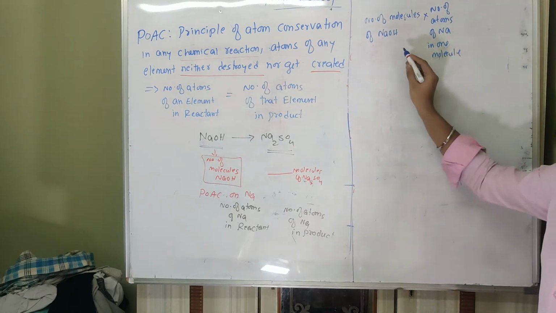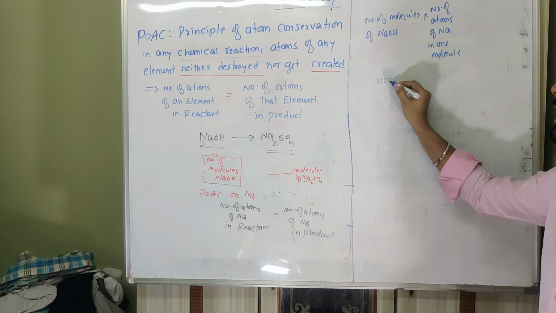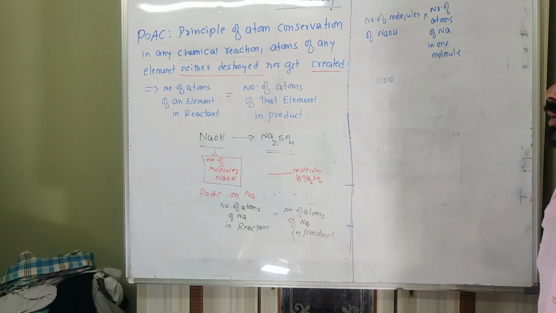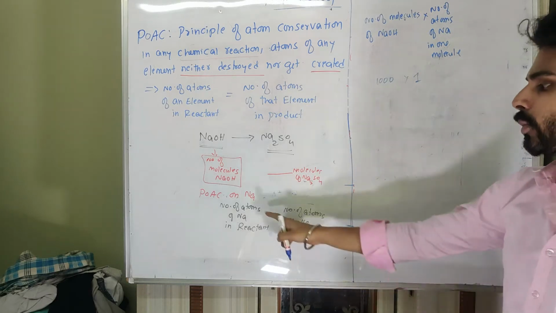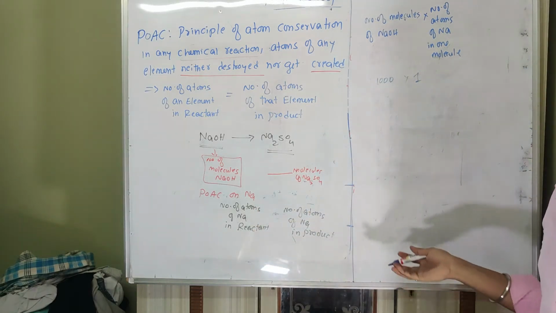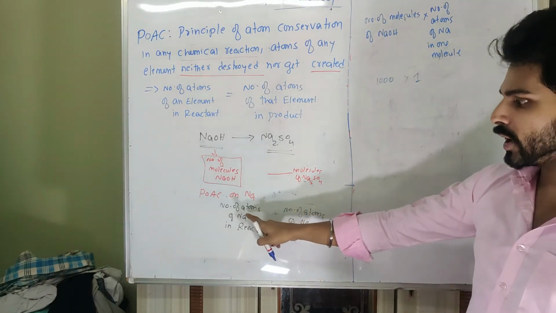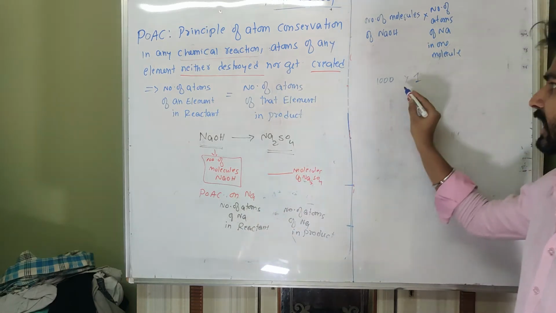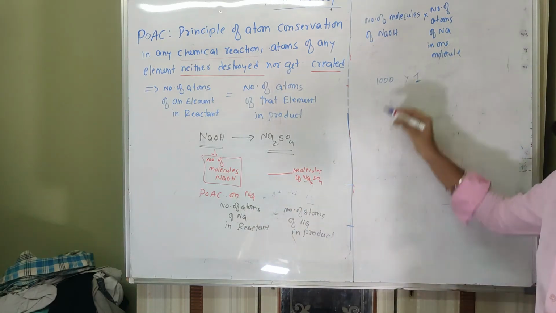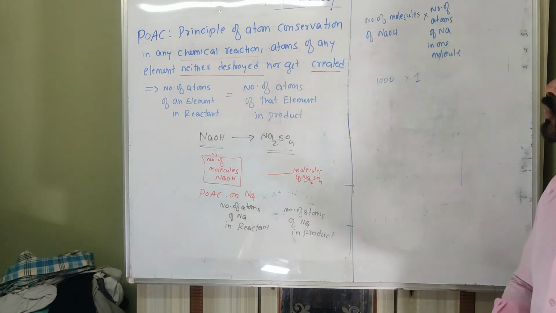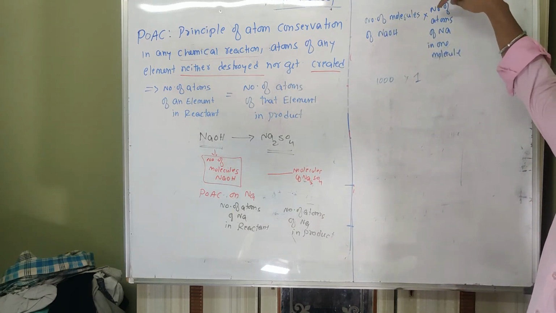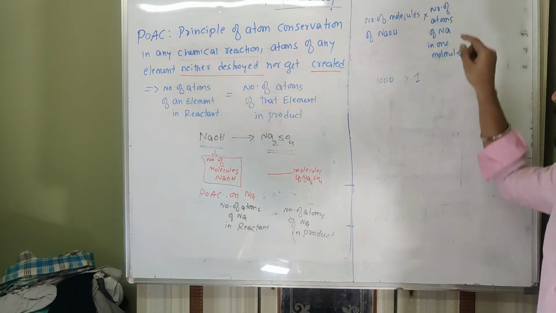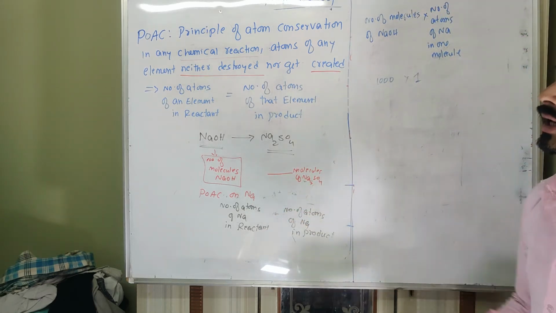So if 1000 sodium hydroxide molecules are there and one molecule contains 1 sodium, then there are 1000 sodium atoms in the reactant. So the number of atoms of sodium in the reactant is the number of molecules of NaOH multiplied by the number of atoms in one molecule.